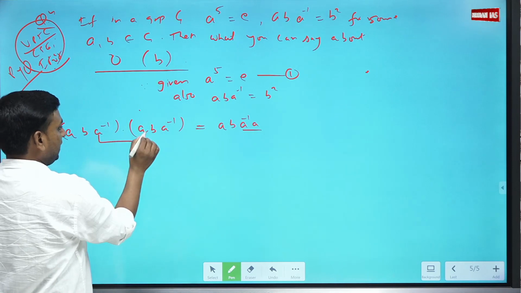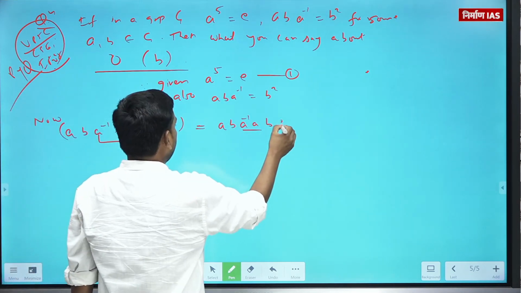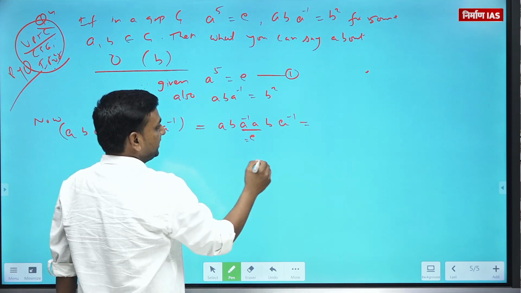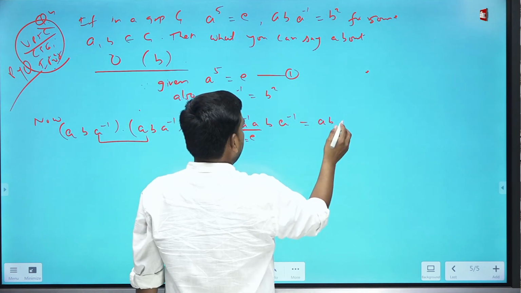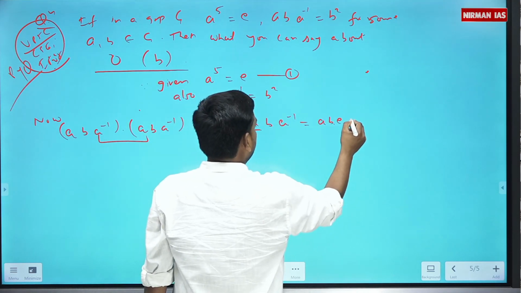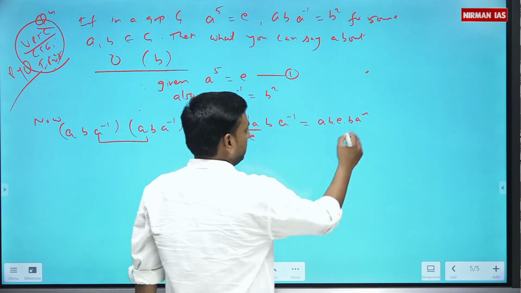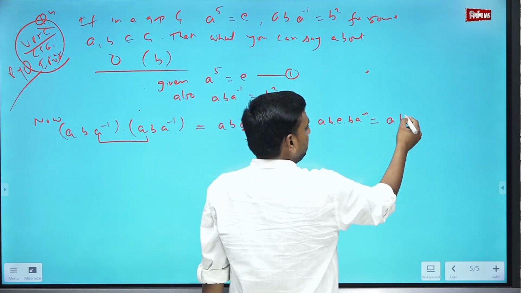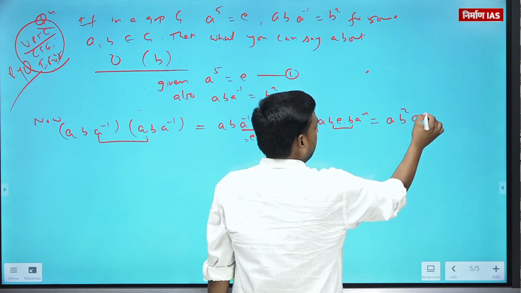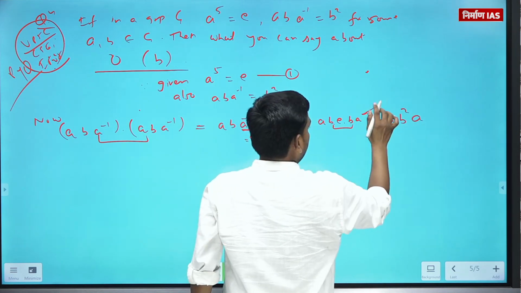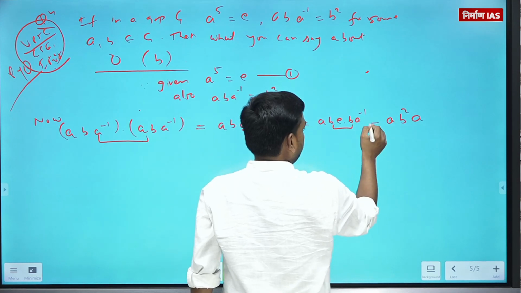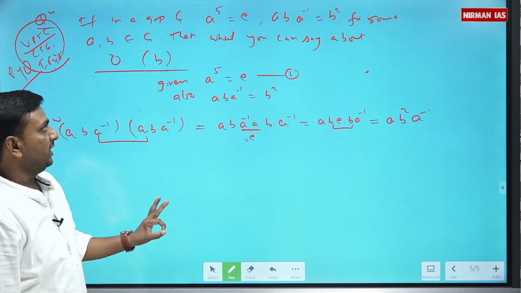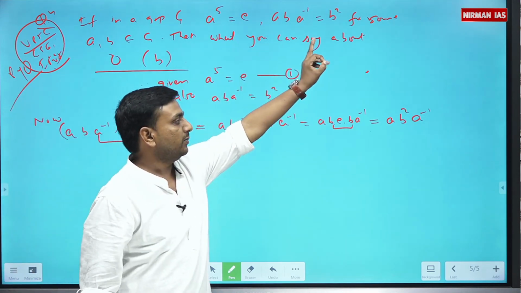A inverse A is identity, so it turns out to be A B composition E, which is B only, and B composition B is B square, and outside is A inverse. So this gives A inverse is B square.